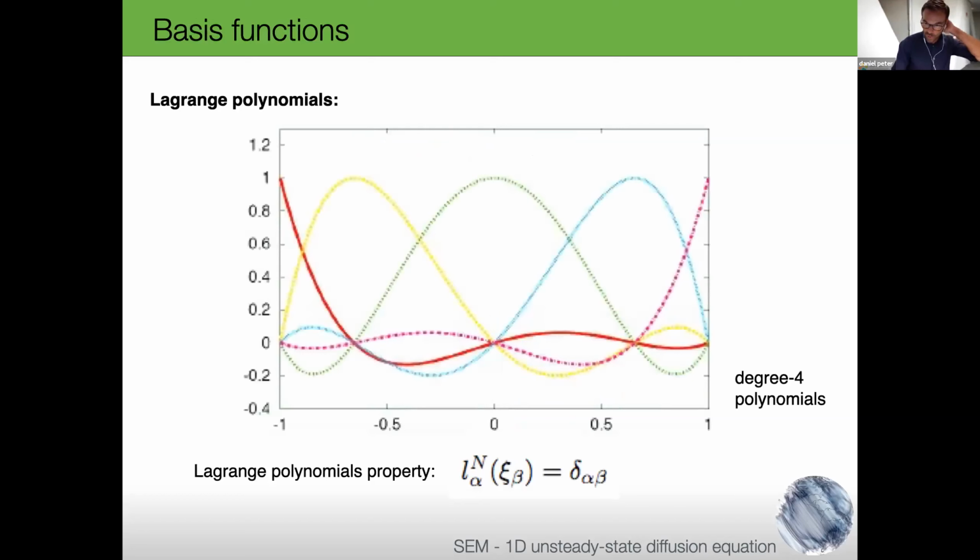This is how these polynomials would look like for degree 4, for example. For degree 4, we have these 5 GLL points per element, per reference element. And the locations of these GLL points are very specific. They are basically the roots of a characteristic equation, which involves the Legendre polynomial.